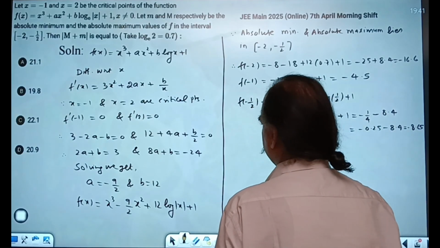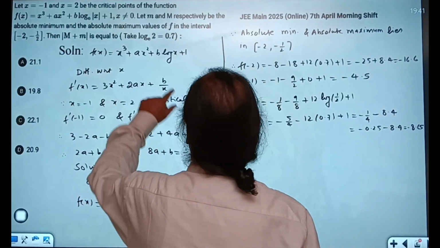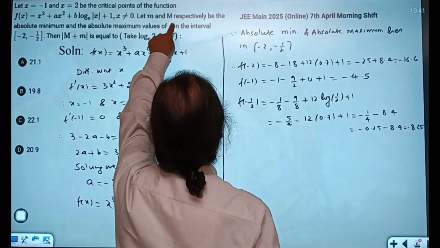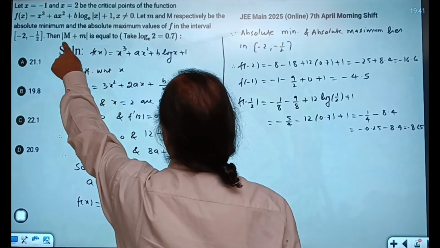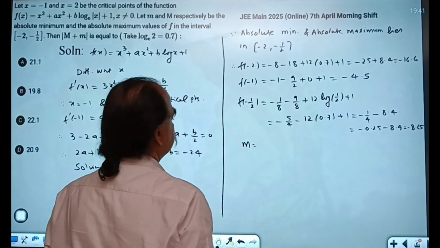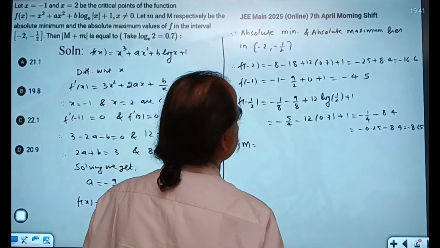Therefore, capital N, small n and capital M are respectively the absolute minimum and absolute maximum. The small n is the absolute minimum and capital N is the absolute maximum.